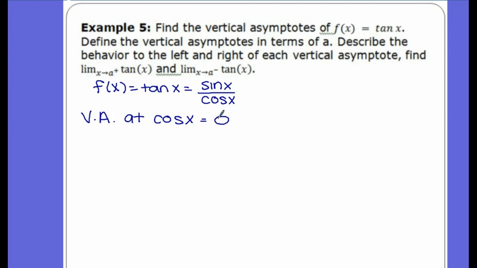Well, it's equal to 0 at pi halves, 3 pi halves, and all cycles of that. So what we can do is say that it is equal to pi halves plus k pi, where k is any integer being added or subtracted.